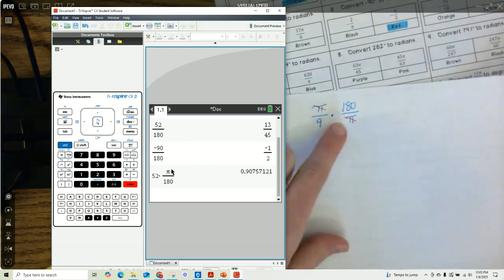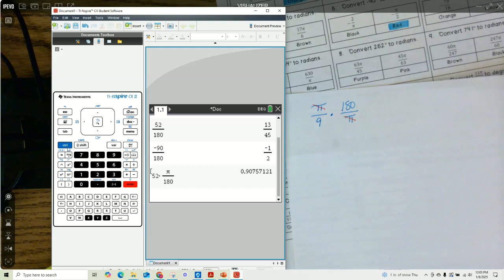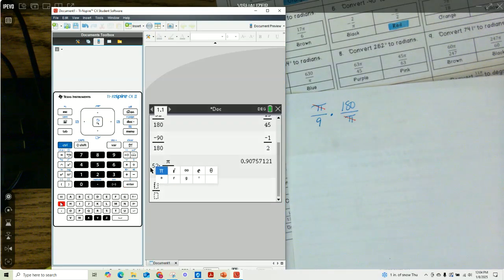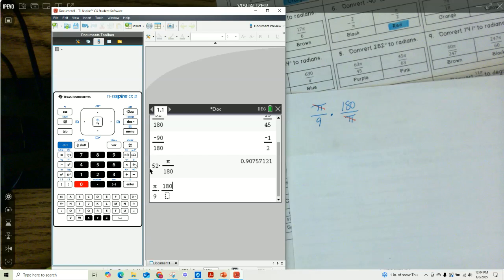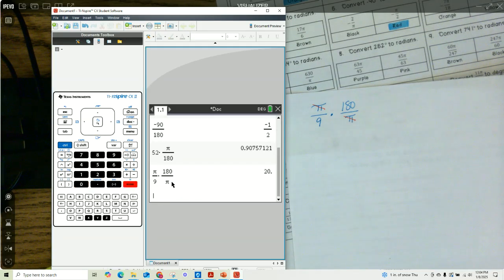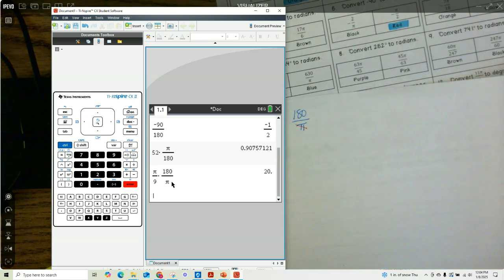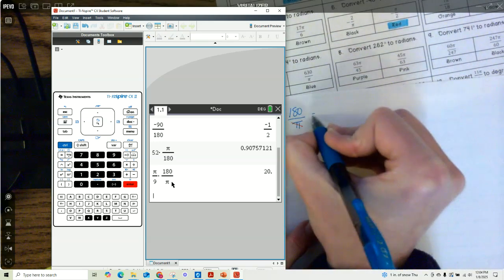Now this one, going the other direction from radians to degrees, if I type that whole problem in there, pi over 9 times 180 over pi, it simplifies it for me. Same as if I worked it out this way.